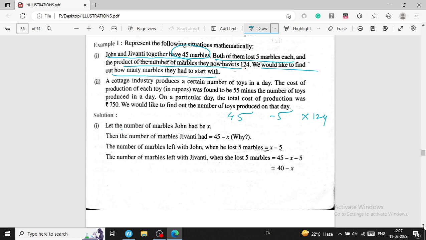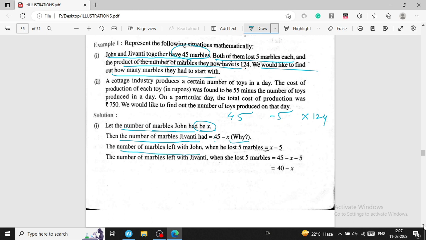So first of all, assume what we have to find. Suppose the number of marbles John had be x. The number of marbles Jivanti had, because both have 45 in total, we take the total minus the number of marbles of John: 45 minus x.